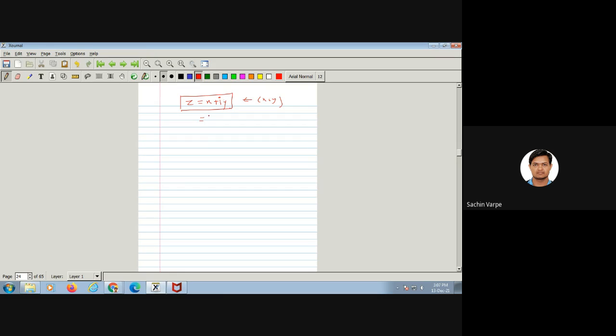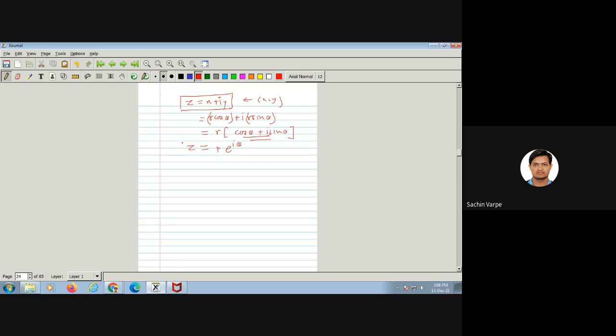This z can be written as r into cos theta plus i sin theta, because when we put the polar coordinates for x and y, what do I get? r cos theta plus i into r sin theta. Yes or no? Because y is r sin theta and x is r cos theta. So when I take r common, r into cos theta plus i sin theta, isn't it? But this is nothing but the exponential function by Euler's formula. So that will be r e raised to i theta.